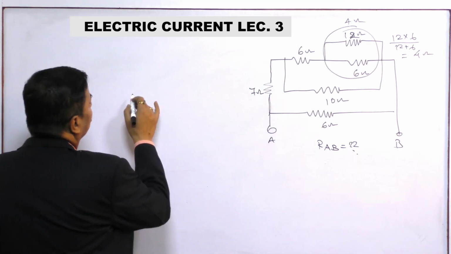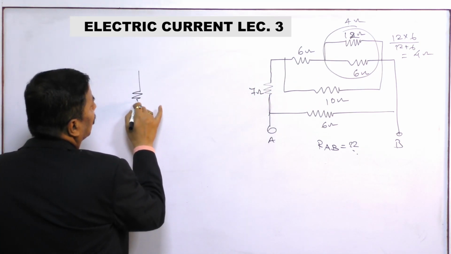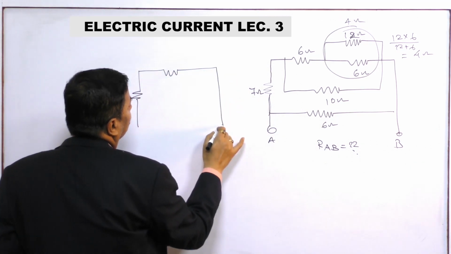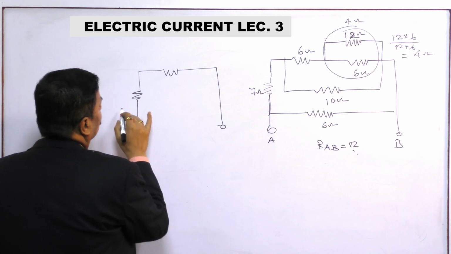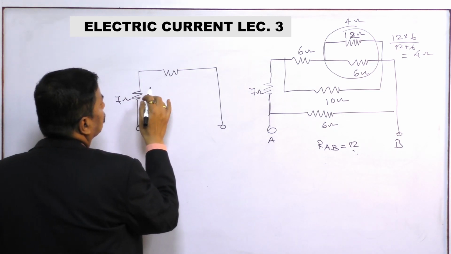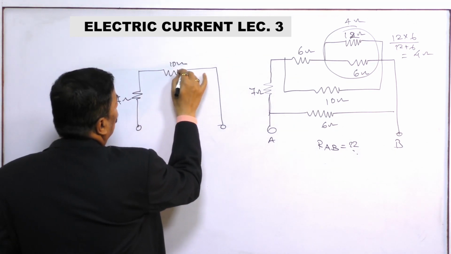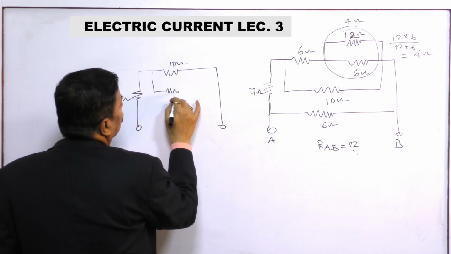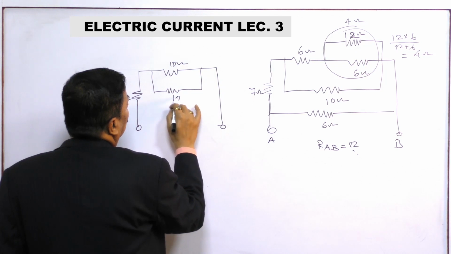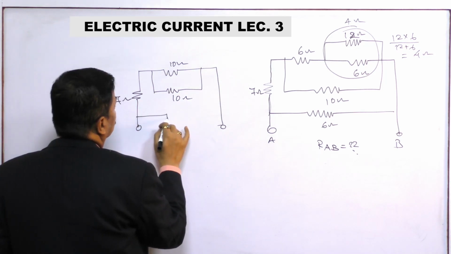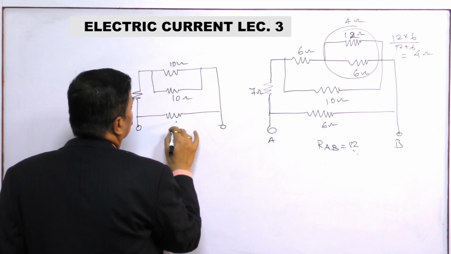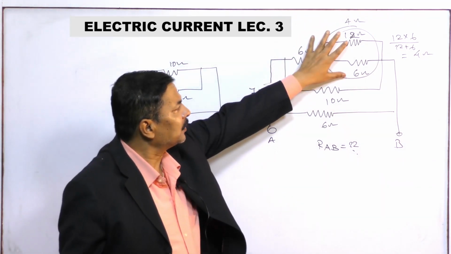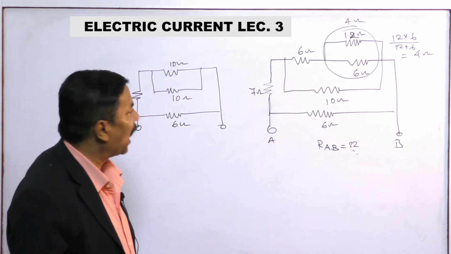So this can be replaced by this network that is here, 7 ohm, 10 ohm, 10 ohm, 6 ohm. Now here you see, again this 10 ohm and this 10 ohm are in parallel.